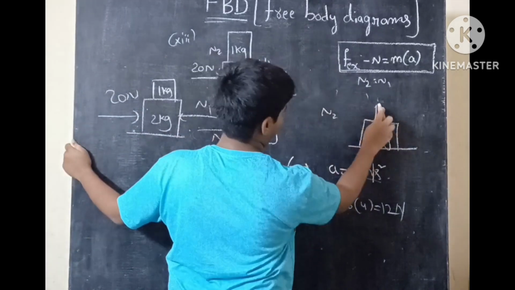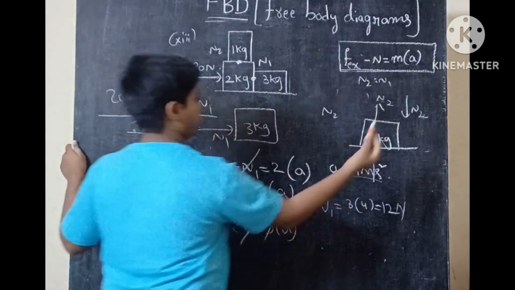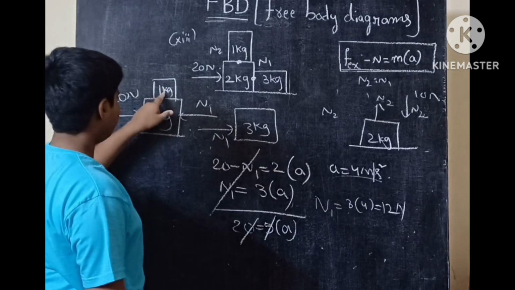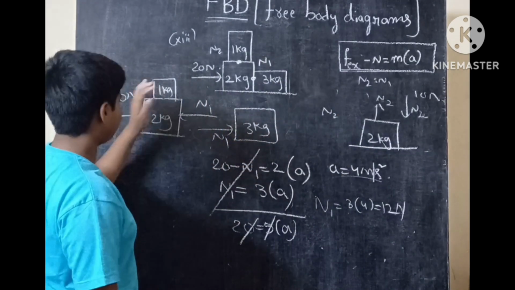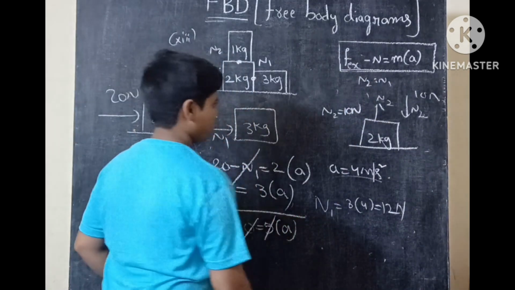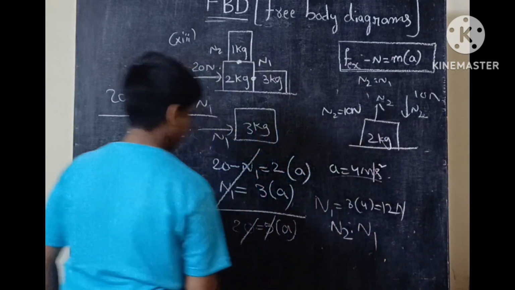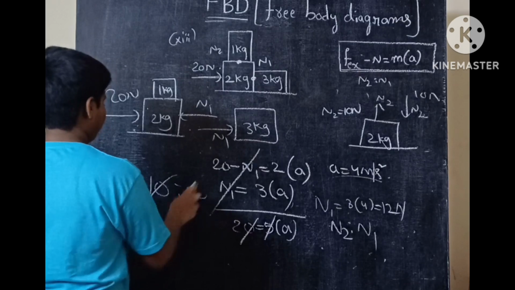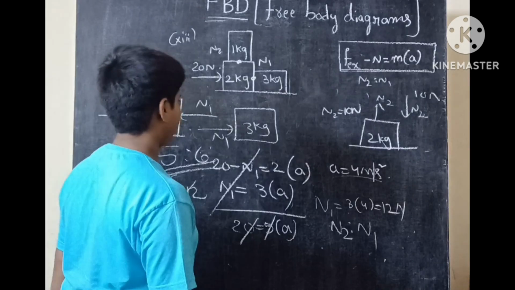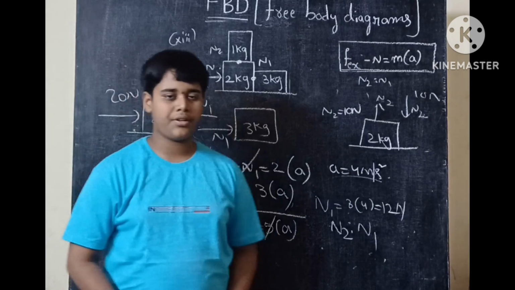Towards upward N2, towards downward the weight, which is 10 newtons, because it acts downwards, so that is equal to N2. So N2 is 10 newtons. The ratio N2 is to N1 is 10 is to 12, which means 5 is to 6. Okay, so this is the ratio. This is the 13th case and today's topic is completed.